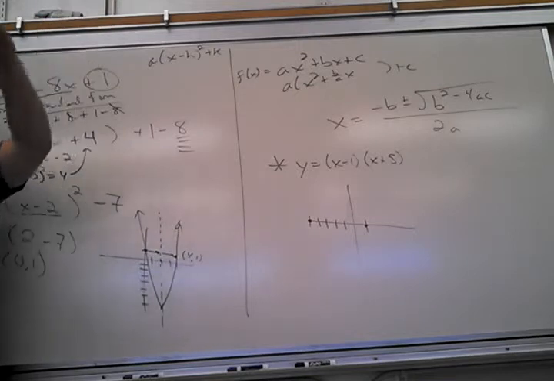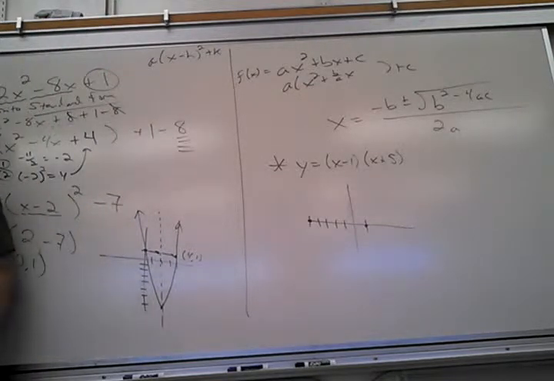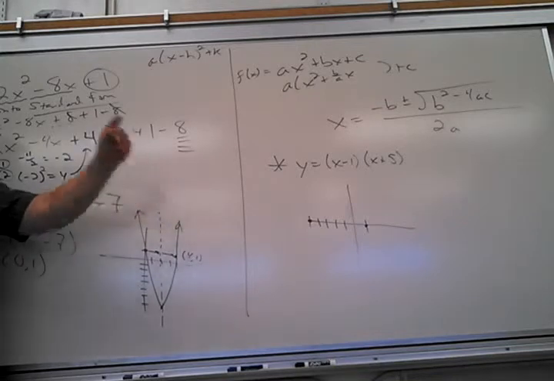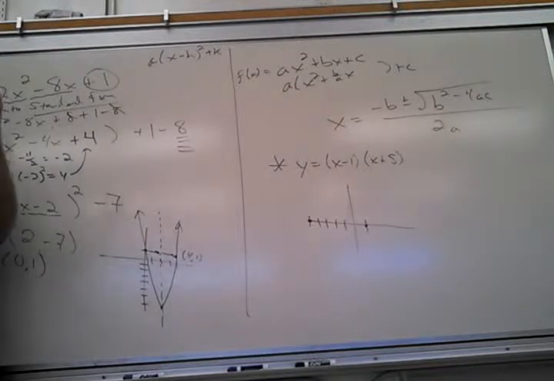Now, if you multiply them out, you'll get x squared and so on. So it's got to be a parabola. Can somebody tell me what the x value is for the vertex? Where must the vertex be compared to what I've drawn so far? So compared to those intercepts, where must the vertex be? In the middle, because of symmetry, right?